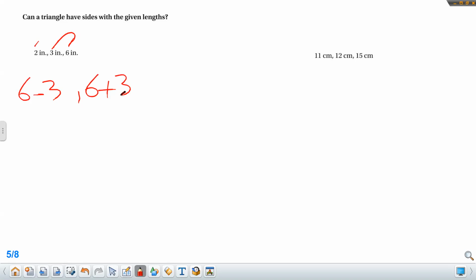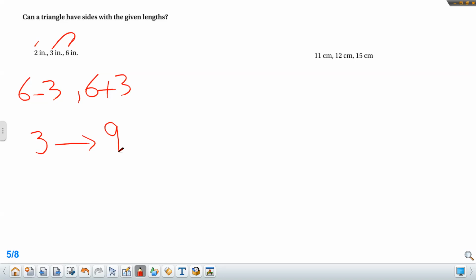Okay, why do you do that? Because you must know the range of the third side. 6 minus 3, which is 3, and 6 plus 3 is 9. So the range of the third side is from 3 to 9, between 3 and 9.